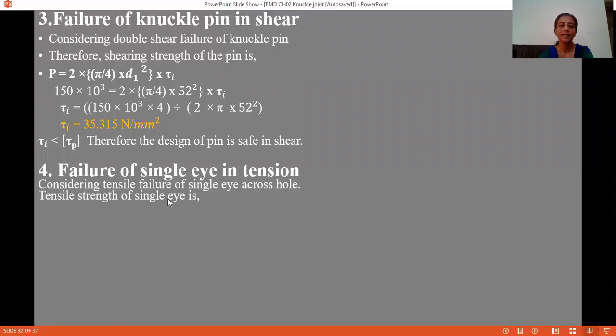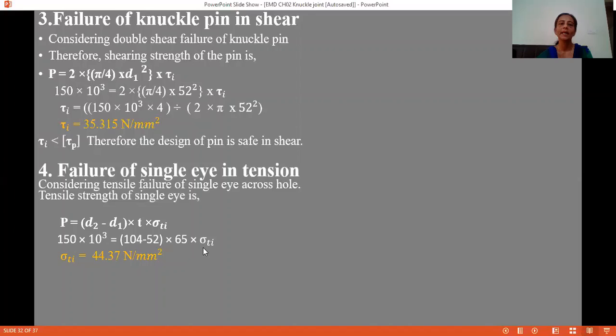Now, failure of single eye in tension, which we have to consider across the hole. When we consider the tensile failure of the single eye across hole, the strength equation is P is equal to D2 minus D1 into T into sigma t induced. Substitute values of P, D2, D1 and thickness of single eye.